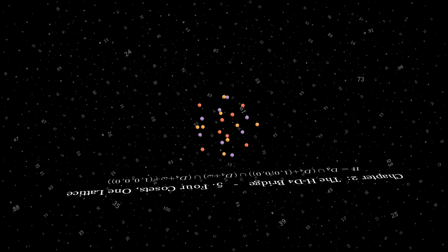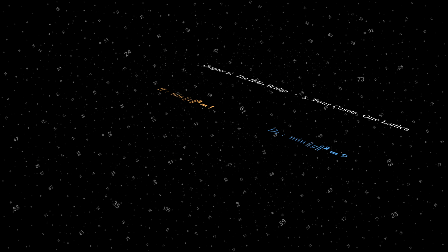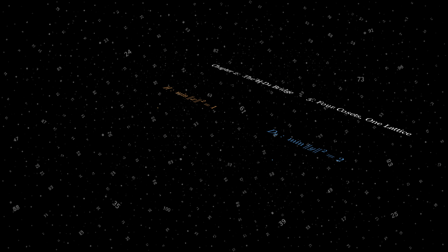This also explains something we saw in the earlier shell calculations. Different shells appear to behave differently. For one value of n, the points may lie entirely in D4. For another, they may be distributed across two cosets. For half-integer shells, the points occupy the corresponding half-integer classes. The apparent complexity of the shells is therefore not random.